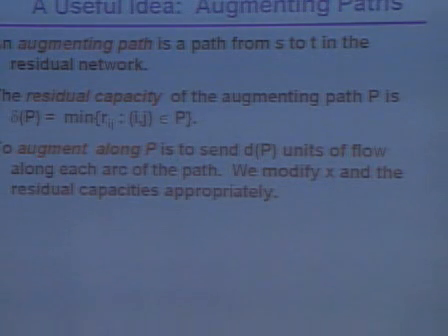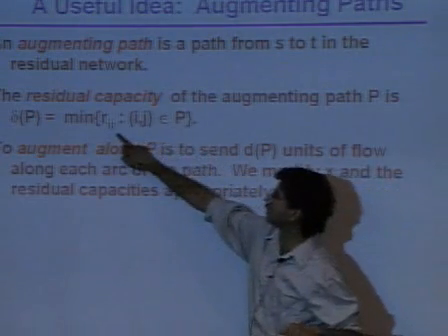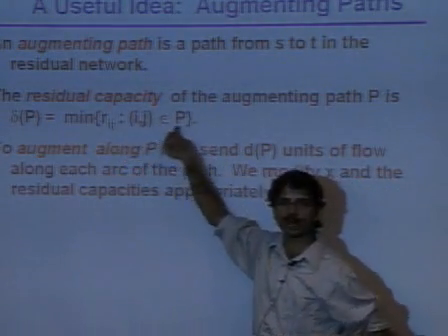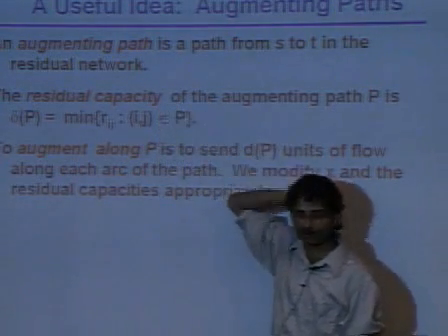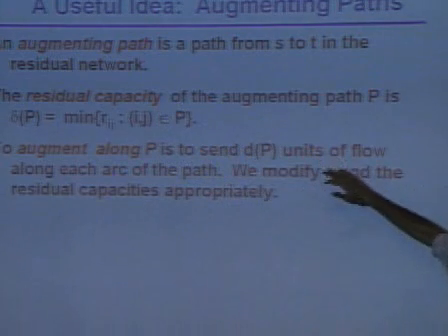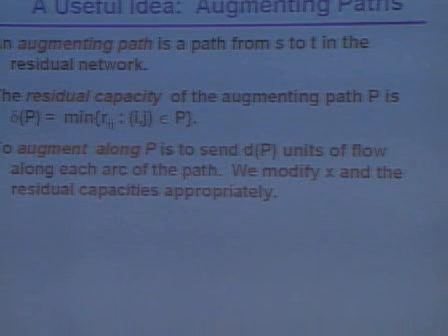But if I try to increase it any further, then there is this arc that cannot carry any more flow. That's the reason why you look at the minimum capacity arc in this path. That's defined as the residual capacity of the path. And to augment along P is to send exactly this amount along every arc of the path.